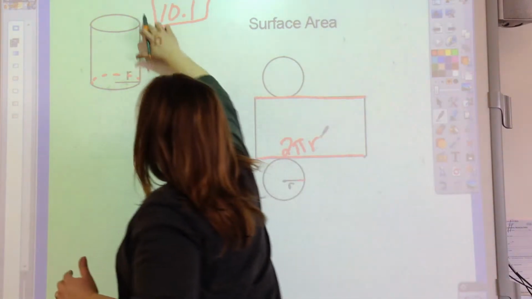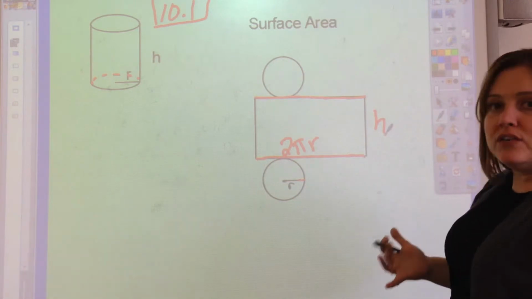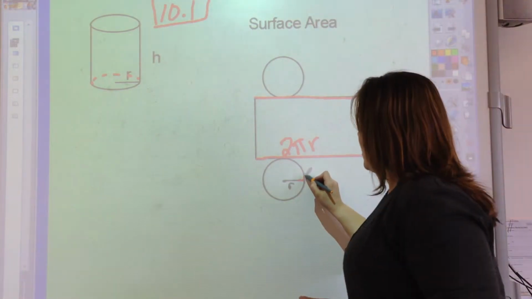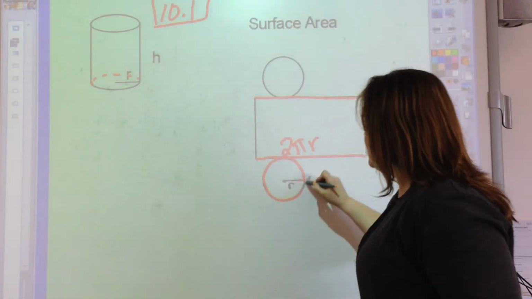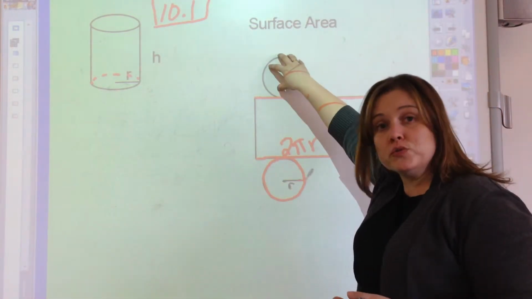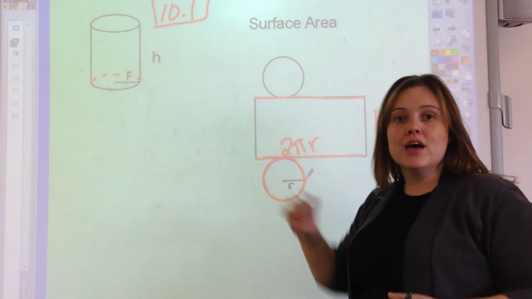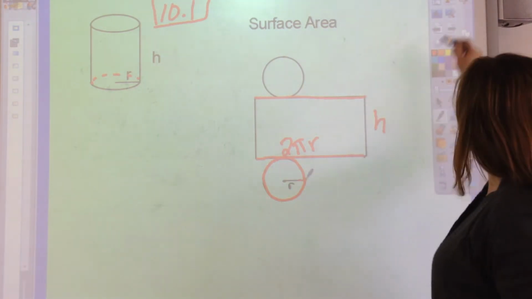This piece right here is how high it goes, and we'll call that the height. So if I'm looking for surface area, I would need to know my radius, and I would need to know my height. Because once I know the radius, I can find the area of my two circles. And if I know the radius and the height, I can find the area of my one rectangle.